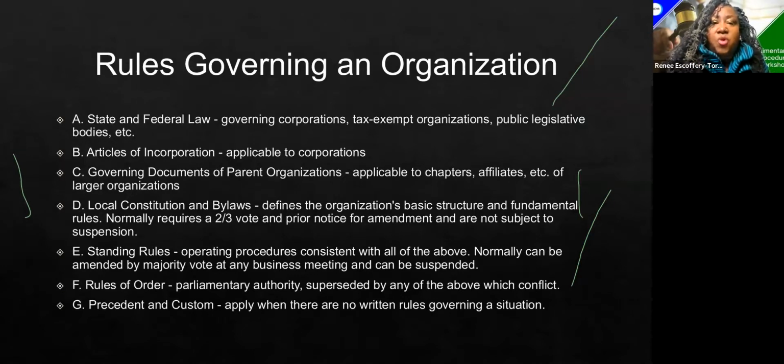And of course, you also have rules of order. And like Roberts or Jeffersonian rules of order, this is your parliamentary authority. Now, for most of my organizations, because right now I serve as president of a chapter of one organization, I serve as vice president of a faith-based organization.